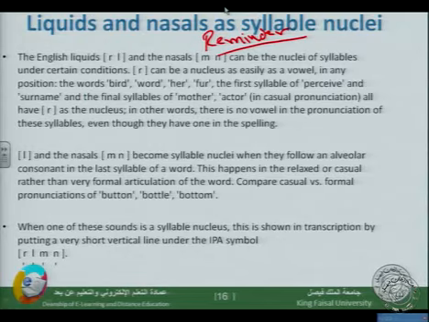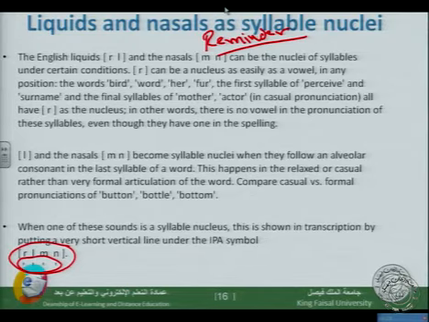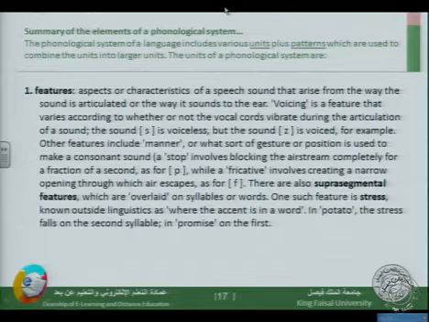As you can see here in the transcription, you should put these verticals under them to say that these are a syllable nucleus. So here we have a summary of the elements of a phonological system.